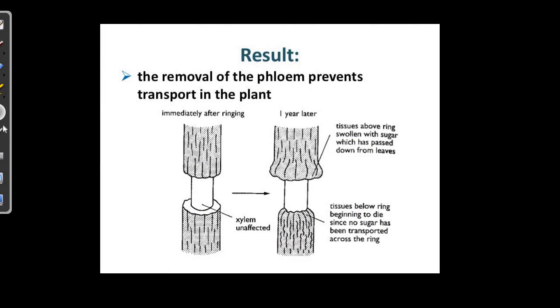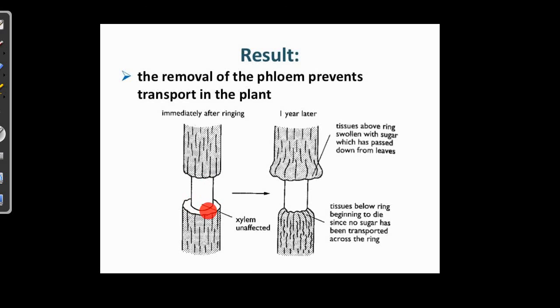Now there is one experiment which is done to prove that organic solutes are translocated through the phloem only and not through the xylem. To determine whether the xylem or the phloem tissue is involved in translocation, it is possible to remove the cortex and the phloem of the stem in the form of a girdle, or a ring.